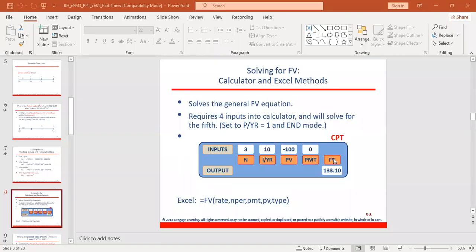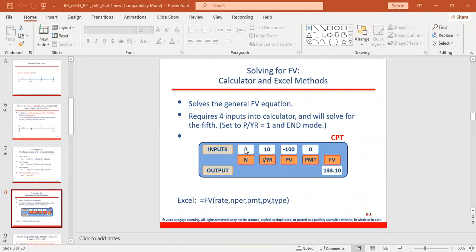Okay, now we are going to solve this problem. Go to your calculator, press second function, press clear time value of money.